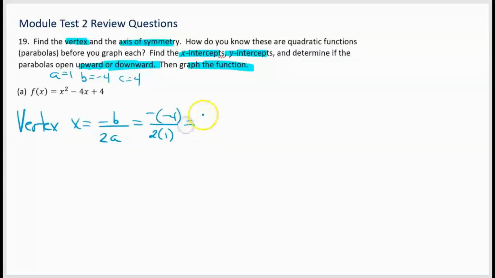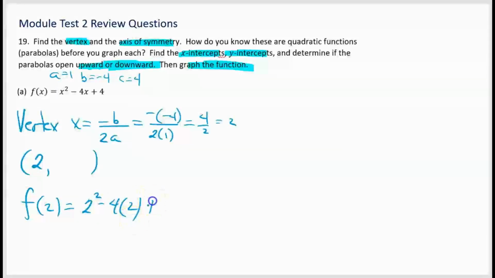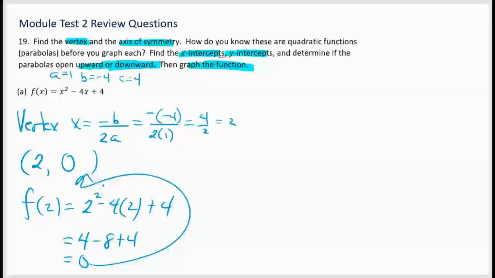So I simplify that, gives me 4 over 2, which is 2. So my x value is 2. How do I find my y value? Well, I have to substitute 2 into my function. I need to find f of 2. So that's 2 squared minus 4 times 2 plus 4. That's 4 minus 8 plus 4. Well, that gives me 0. 4 minus 8 is negative 4, plus 4 is 0. So 0 is my y value. There's my vertex right there.